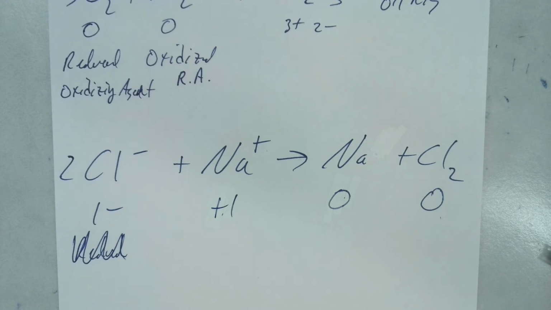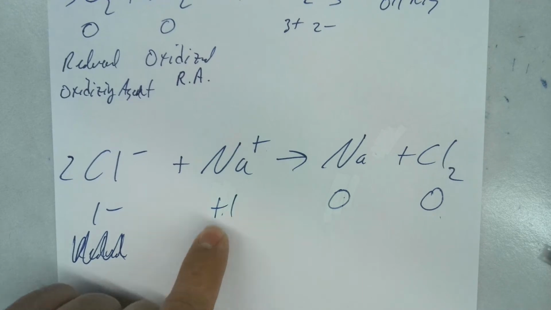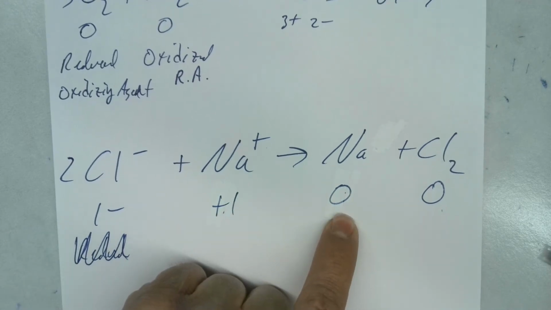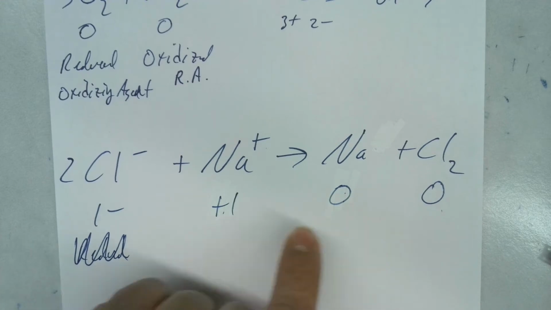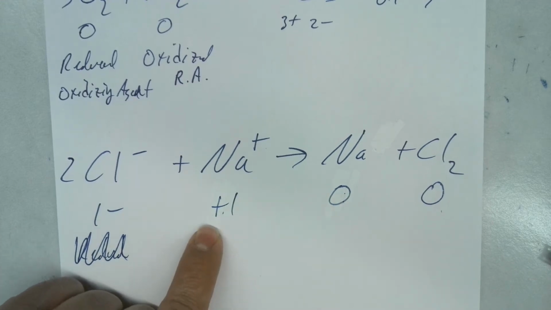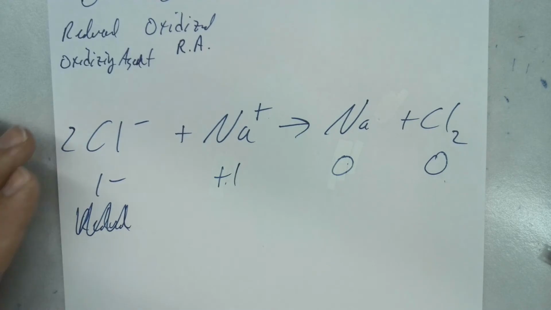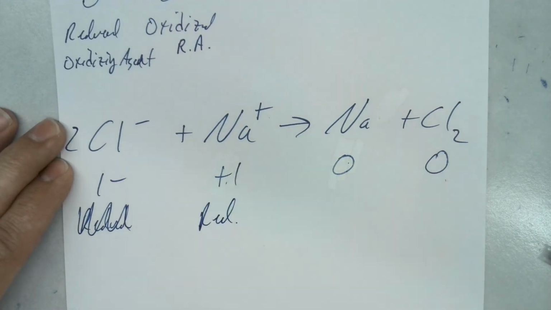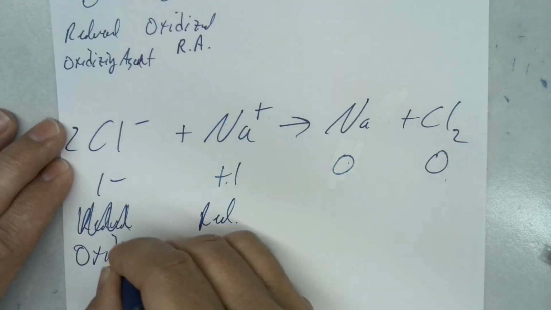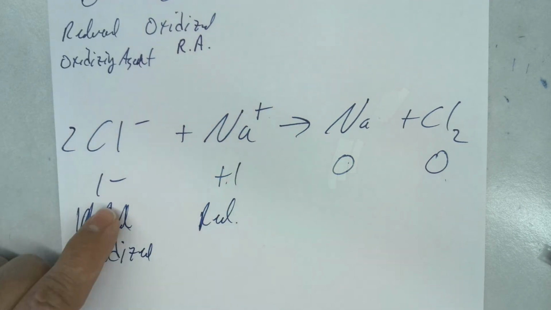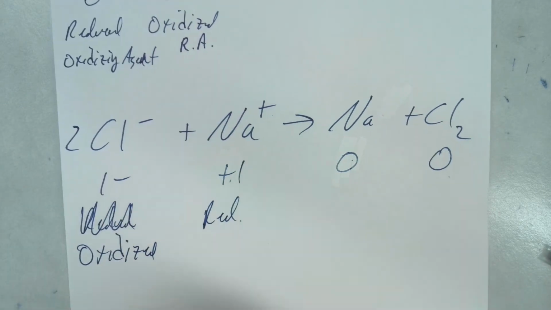Now this one gained an electron, right? Because it went from a positive 1 to a 0. Yeah, so that was reduced, which means this had to be oxidized. It had to have lost an electron to go from a 1 negative to a 0.